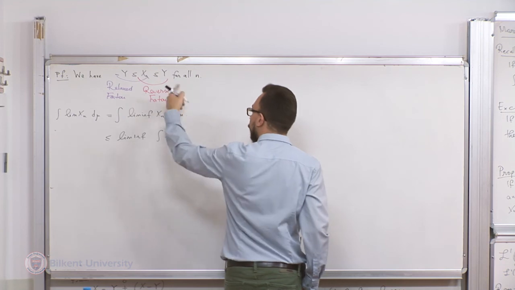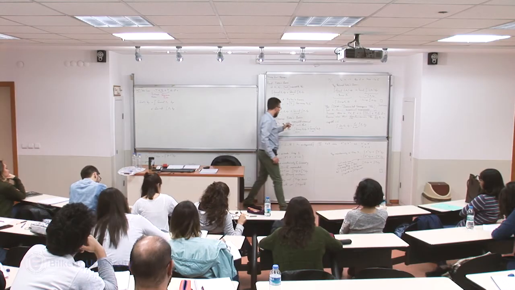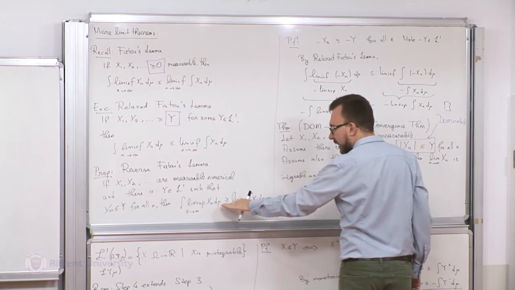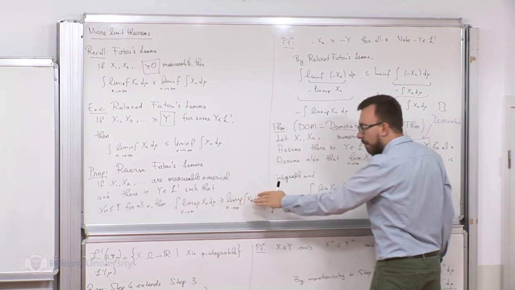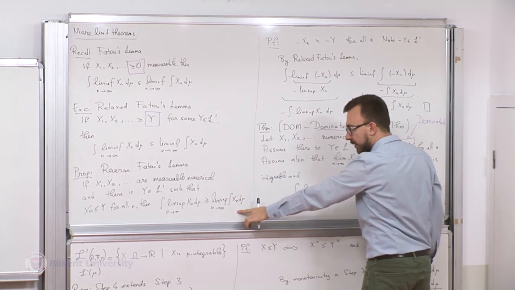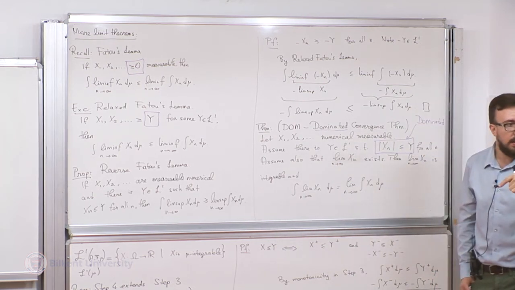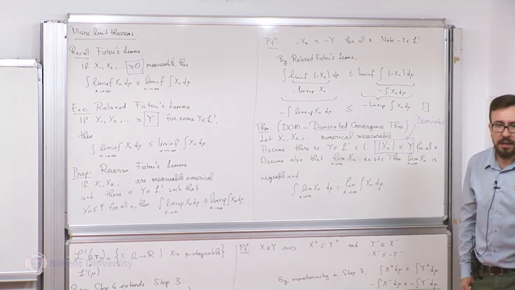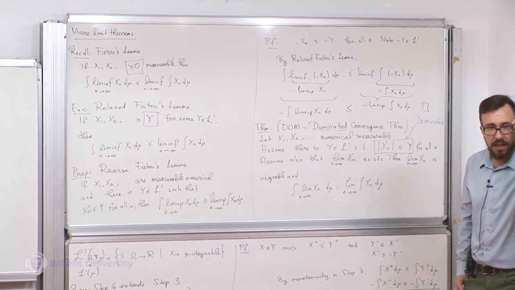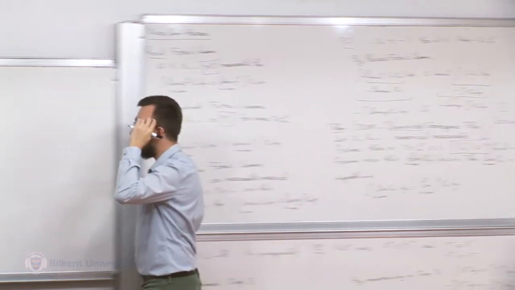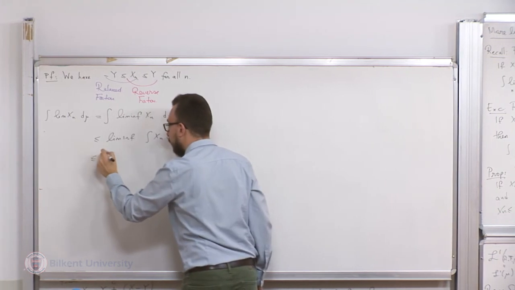Now we need to use reverse Fatou, which has lim_sup of integrals is less than integral of lim_sup. But we have lim_inf of integrals. What's the relationship between the lim_inf and lim_sup of integrals? Lim_inf is less than lim_sup, right? We know it.